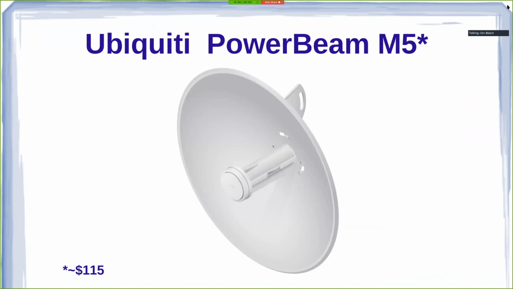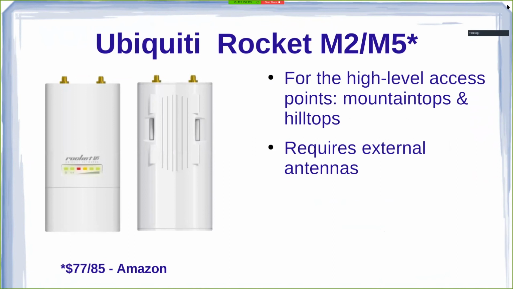This is a Ubiquiti PowerBeam. It looks big, but I think it's about 10 to 12 inches across, depending on which model you get. You can really reach out and touch someone from 15, 20 miles away with that. Those are good for on top of a roof, but for the high-level access points, you need a little more flexibility in your antennas.